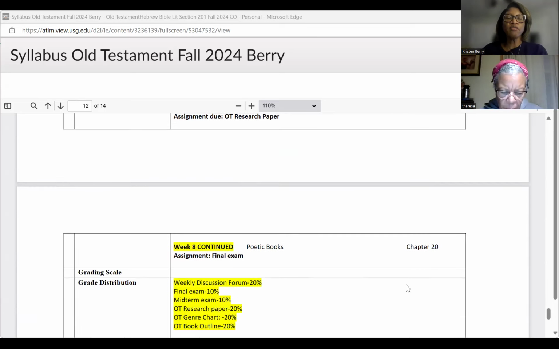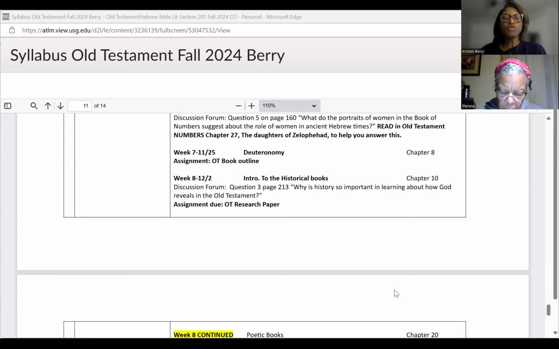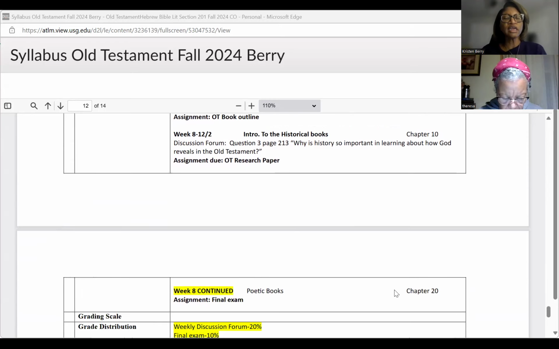We have a paper that will be due. I'll also try to cram a little bit in on the poetic books. I hope I'm not giving you too much. But we really need more time for this class because we won't get enough time to get into the prophetic books, but we'll talk about them when we talk about genre types, the different types of books that we find.